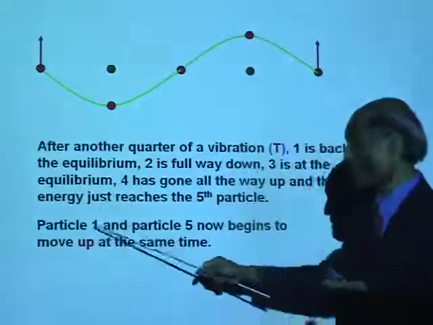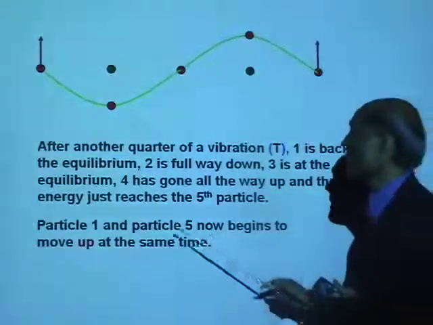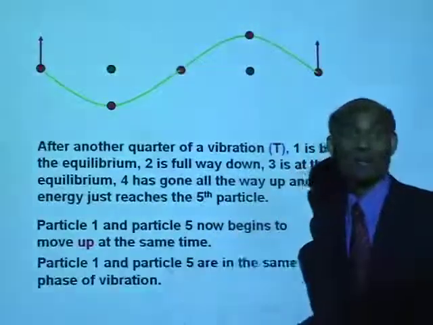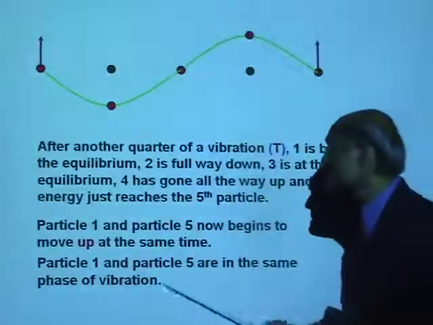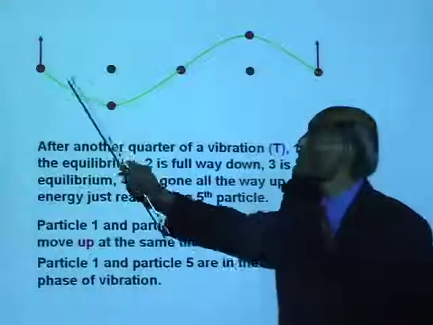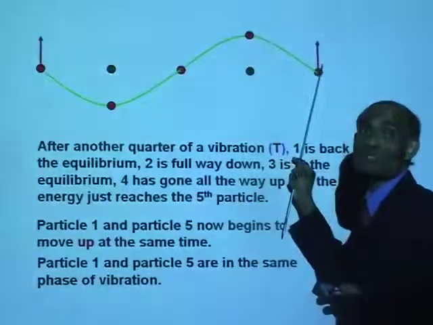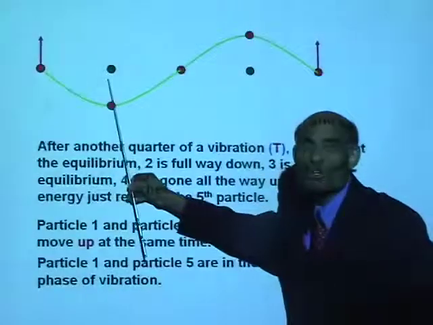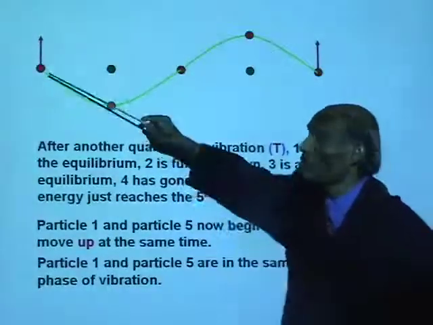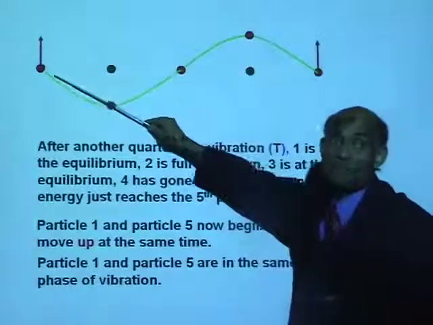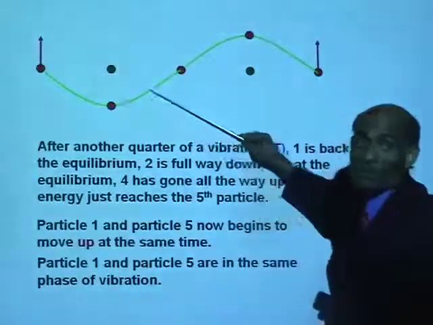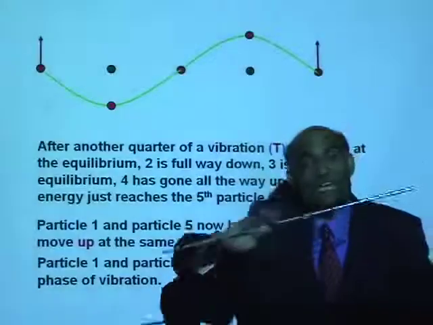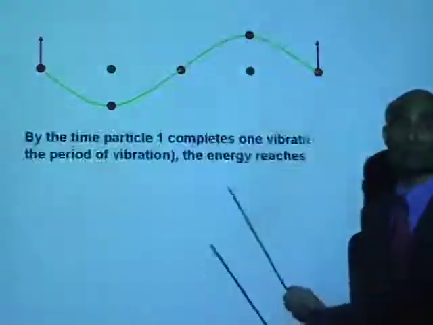Right? Particle 1 and particle 5 now begin to move up at the same time. That means they are in the same phase of vibration. There is no phase difference between these two particles. You can see the meaning of a progressive phase difference that creates the positions of the particles, the differences of position that create the wave profile.